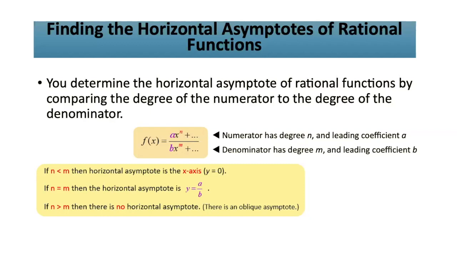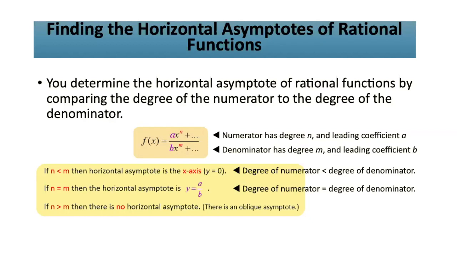If n is less than m, or if you like that better in plain English, if the degree of your numerator is less than the degree of your denominator, your horizontal asymptote is always the x-axis, which is the line y equals 0. If n equals m, meaning the degree of the numerator equals the degree of the denominator, your horizontal asymptote is made by starting as y equals, because it's a horizontal line, and making a fraction out of the leading coefficient of the numerator divided by the leading coefficient of the denominator, a over b.